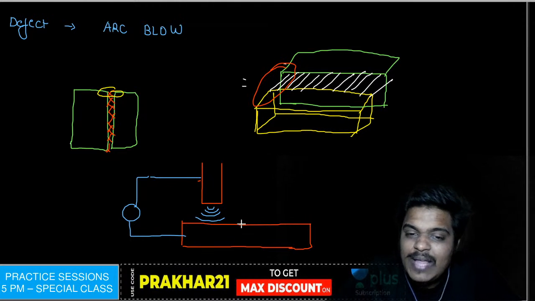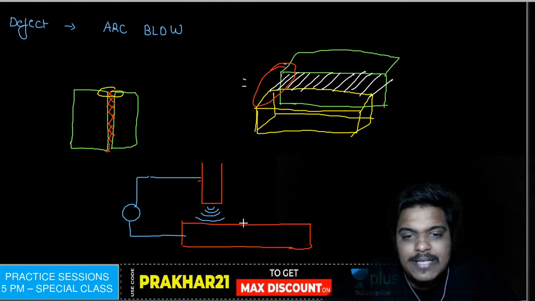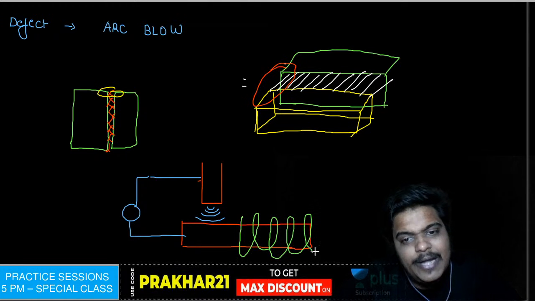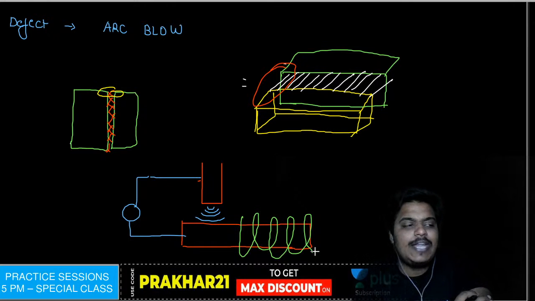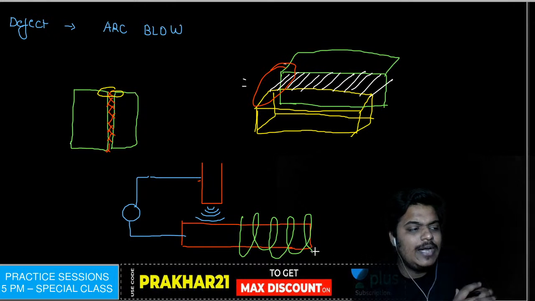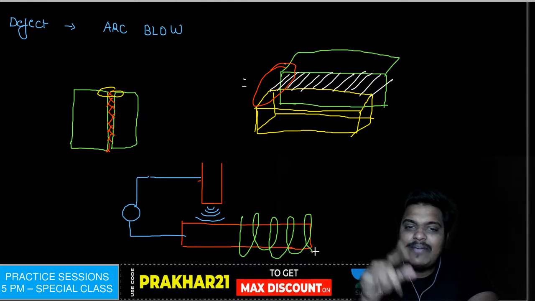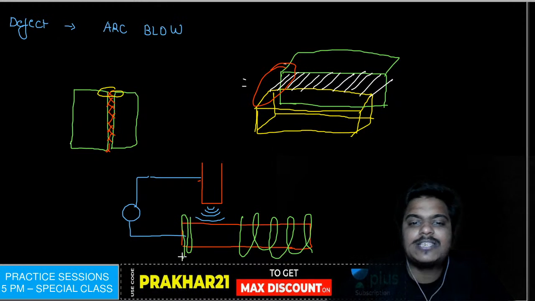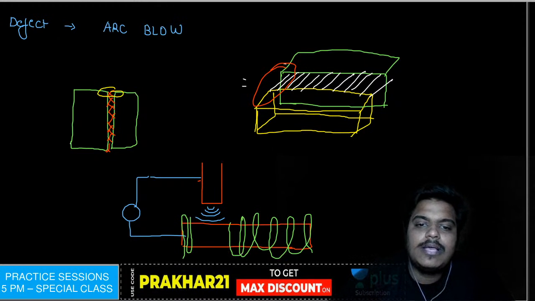Now when the current is passing through the workpiece, magnetism will be induced in it. Electromagnetic induction. Have you understood it? Whenever current is passing, the induction takes place. Here also it takes place. Is it clear?